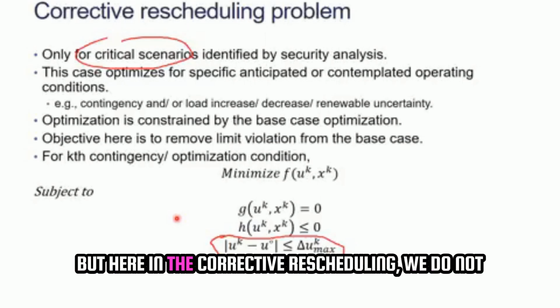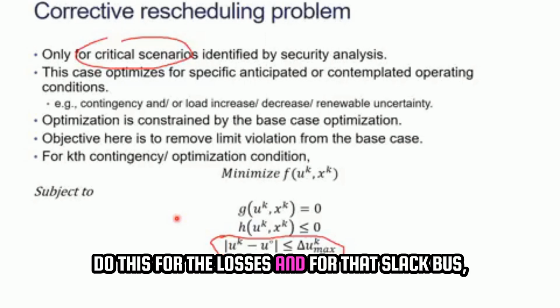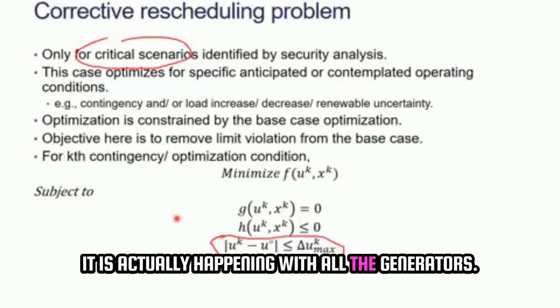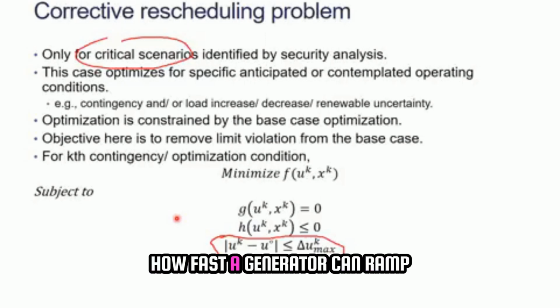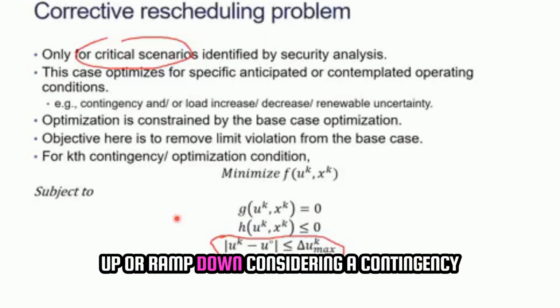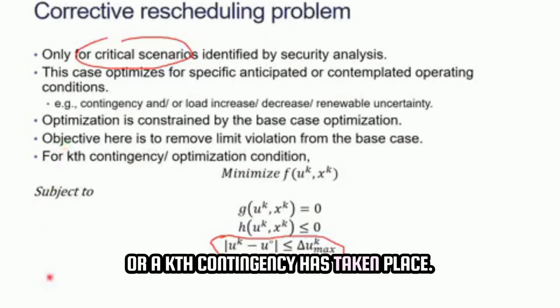But here in the corrective rescheduling, we do not do this for the losses, and it is actually happening with all the generators. So all the generators' ramp up and ramp down limits will be ensured, so that we know how fast a generator can ramp up or ramp down when a kth contingency has taken place.